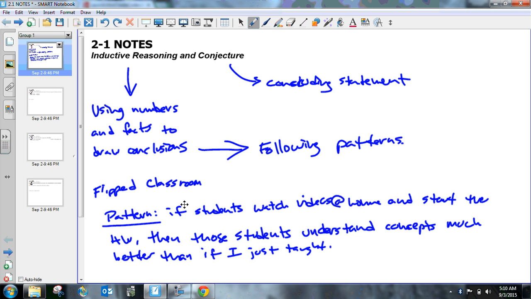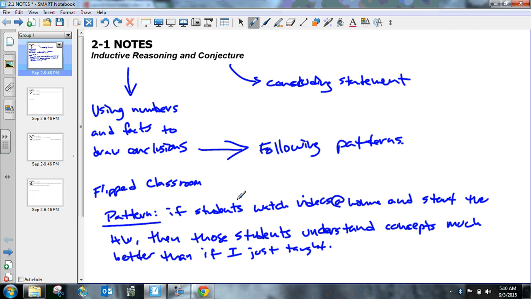Instead of me just showing you how to do everything, you are the ones sitting down and doing the homework, and I think you are getting a lot out of it, much more so than if I just taught you in class. I have noticed a pattern of better work coming out of all students in the flipped classroom. If I just teach in front of the classroom, then not everyone's going to get it.